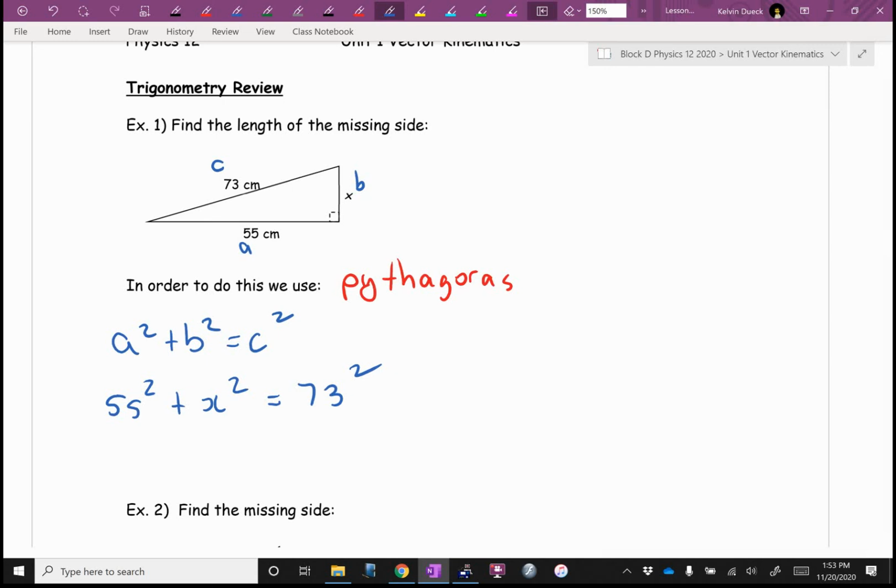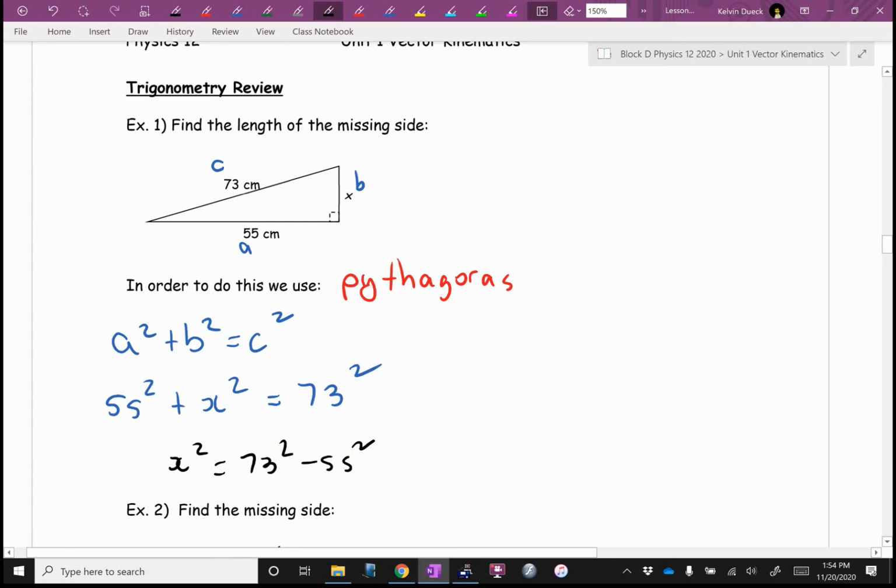Eventually, first I'll get the x squared by itself. How would I move that 55 squared over? What's the 55 squared doing to the x squared, Nick? Is it multiplying? So how will I move the 55 squared over to the other side? So I would go like this: x squared equals 73 squared minus 55 squared.